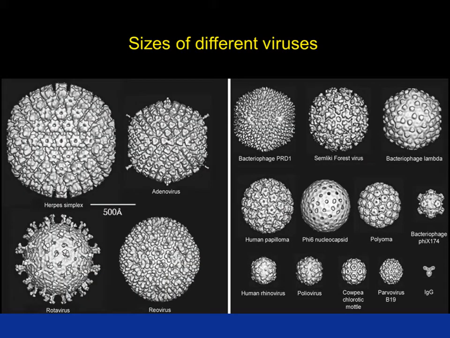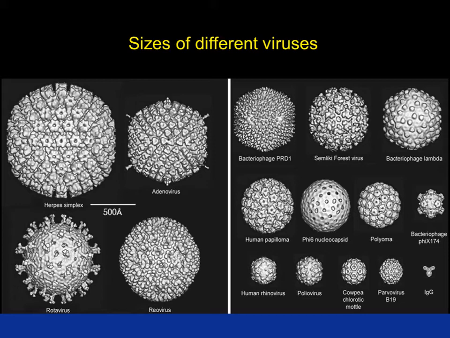Now, among viruses, again, the sizes of different viruses vary. Some viruses have very large particles, and some have very small, tiny particles. Large, for example, herpes simplex, one of the largest virus families, while parvoviruses are tiny viruses.